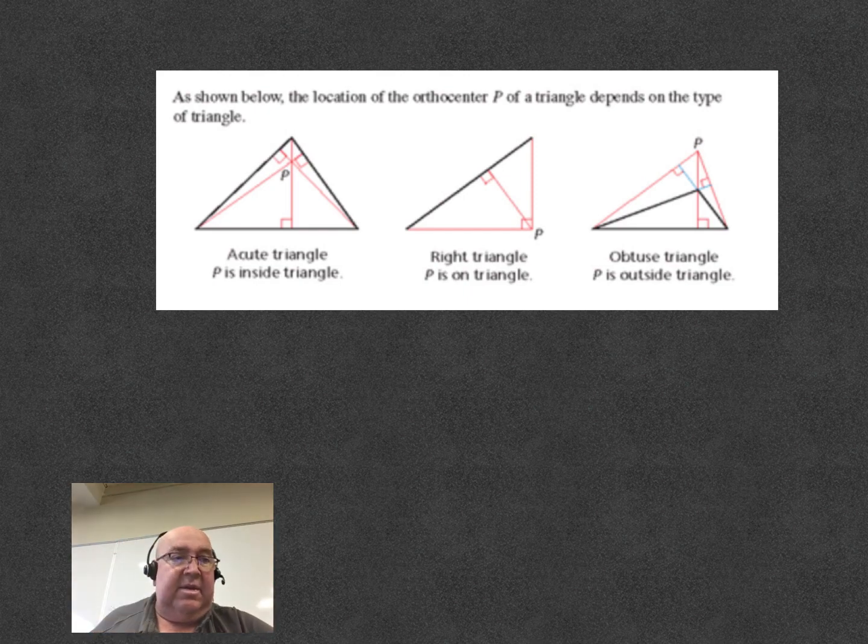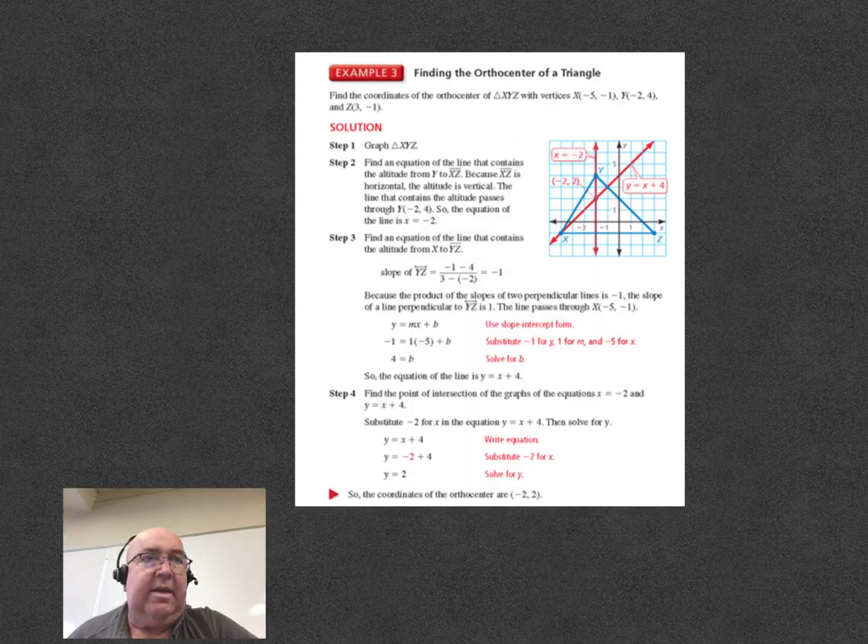So we'll take a look here, just showing you how they did this. Again, you only need to find 2 altitudes, because where they meet, the other altitude will meet there as well. What they're showing you is that they found the slope.